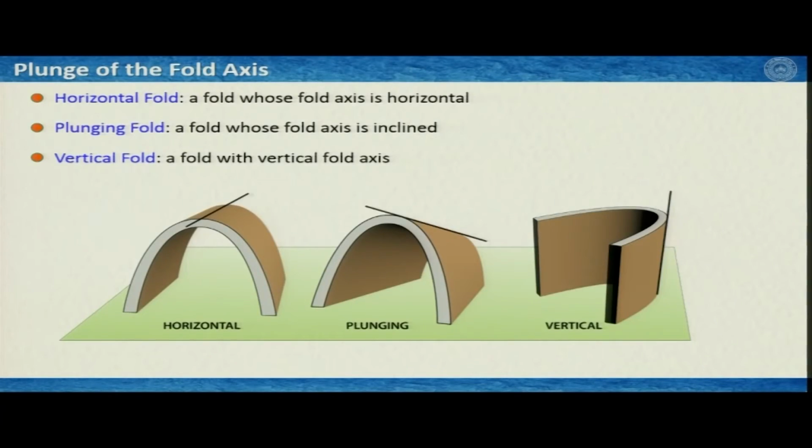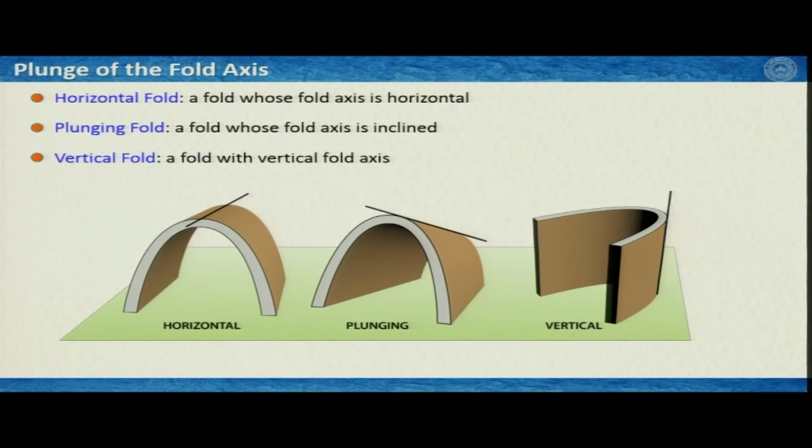Now, we will see how to classify the folds based on the plunge of the fold axis. In this section, we have three different types of folds. One is the horizontal fold, another is the plunging fold, and the third one is the vertical fold. As the name suggests, a fold is horizontal if the fold axis is horizontal.